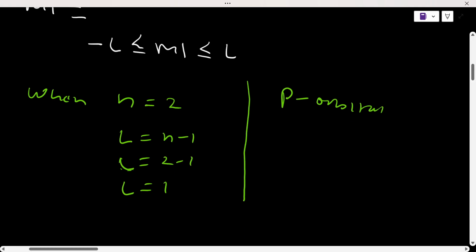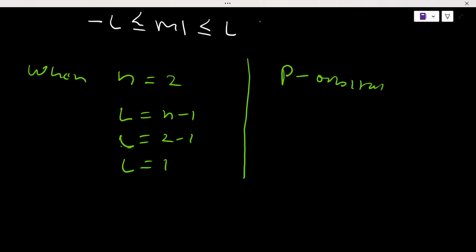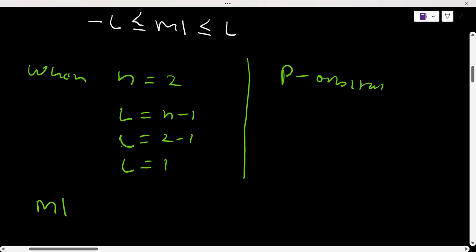Because when L is equal to 1, my ML, which is magnetic quantum number, is going to be minus 1, 0, 1.